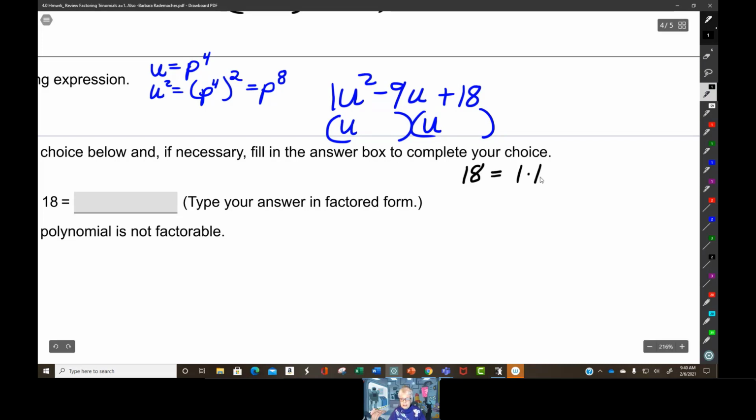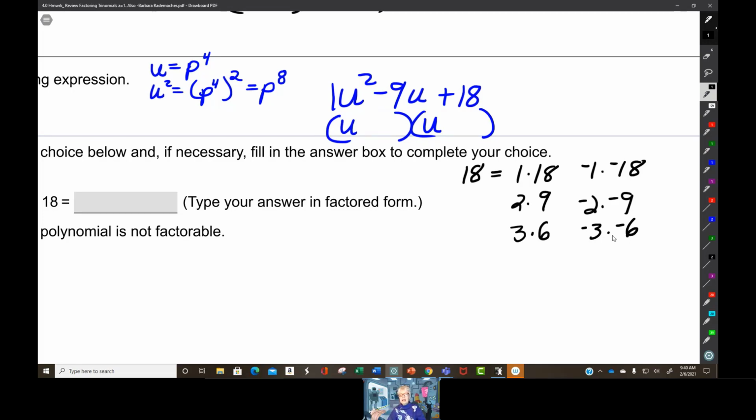All right, 1 times 18, 2 times 9, 3 times 6. Only there's also -1 times -18, -2 times -9, and -3 times -6. And this one adds up to -9. -3 plus -6 equals -9.